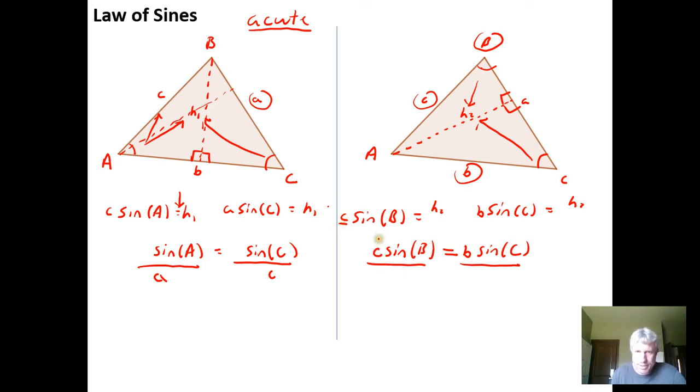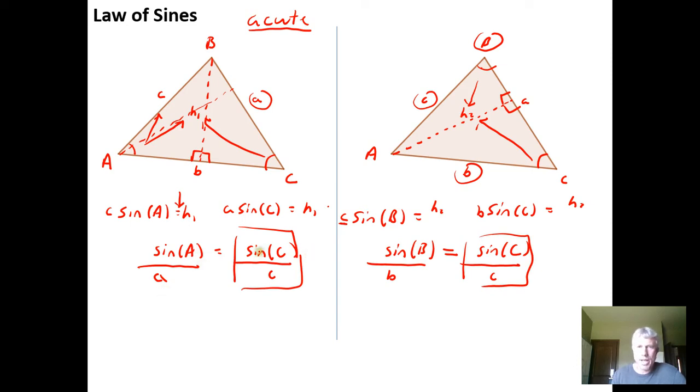This is a c, so we divide both sides by bc. C divided by c is just a 1, and b divided by b is just a 1. So sine b over side length b equals sine c over side length c. This expression shows up in both equalities, which means by the transitive property we can stitch everything together.